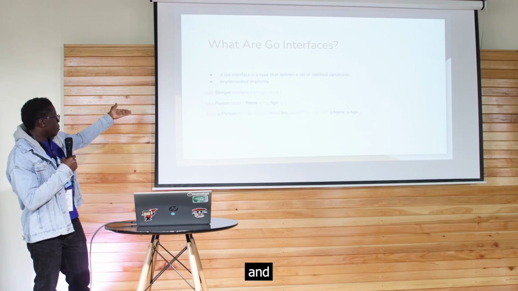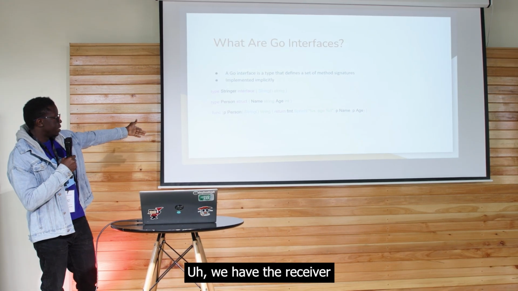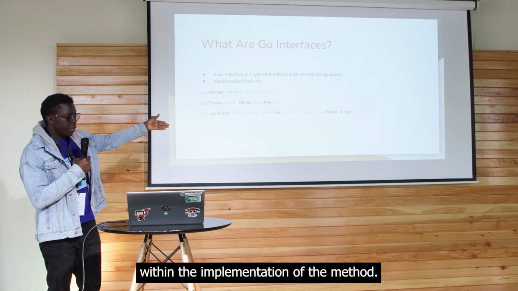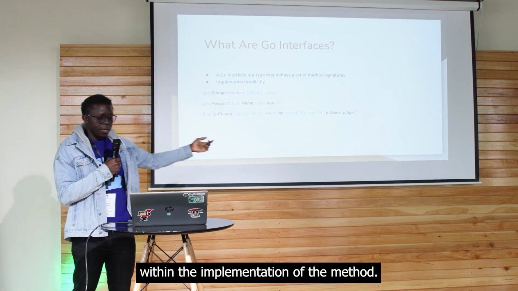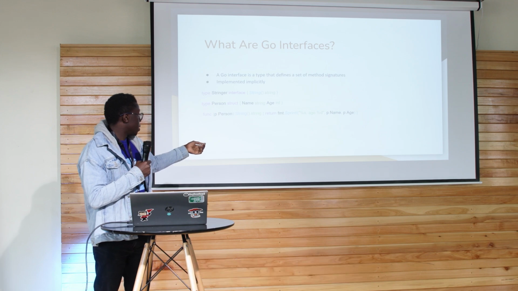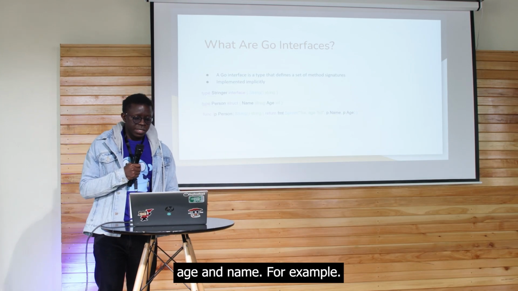And the structure is basic. We have the receiver, and then you do whatever within the implementation of the method. So in this case, we just return a string that combines the age and name, for example.